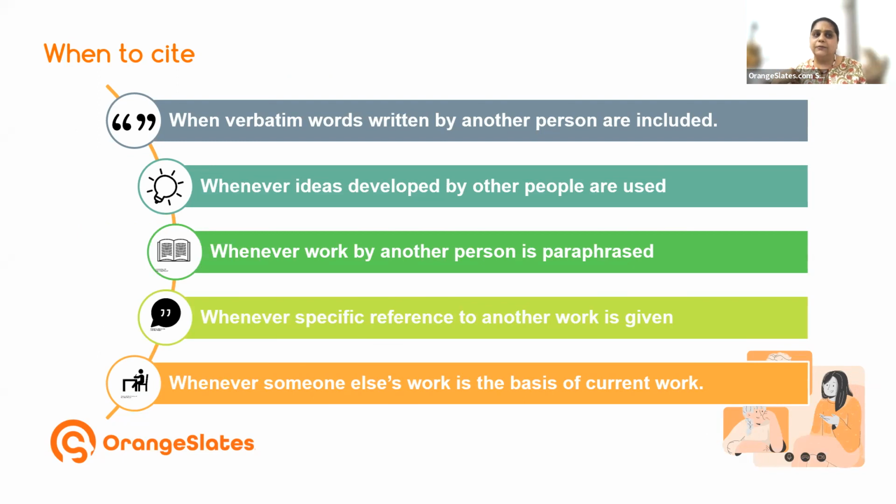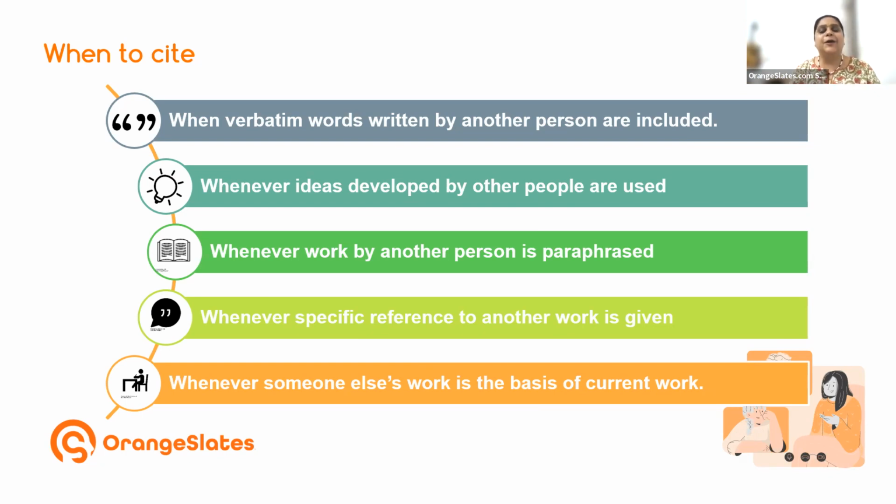If you've read something and got influence from 4 or 5 websites, or you've researched 4 or 5 books, and you have written something, in the bibliography you should mention each and every book you read, because finally your ideas were developed from there. And when your work is based on somebody else's work, especially in research, then you obviously give reference to them. So all these are places where you need to cite.